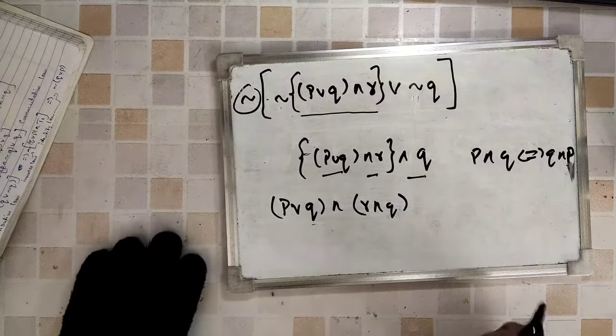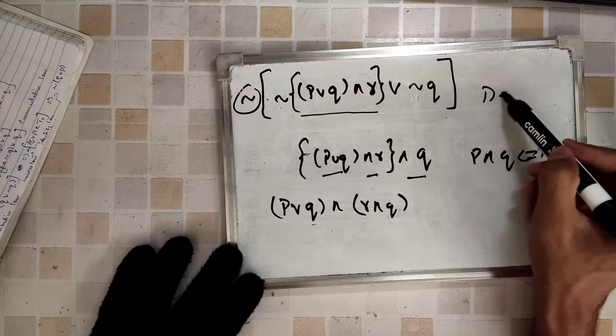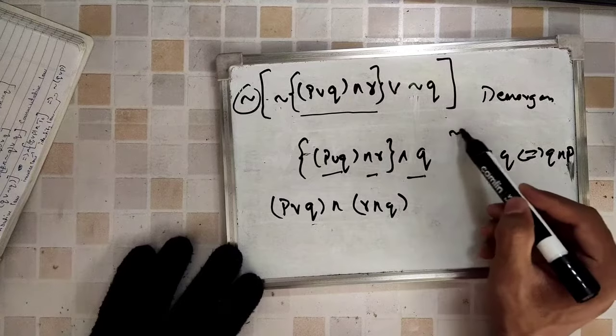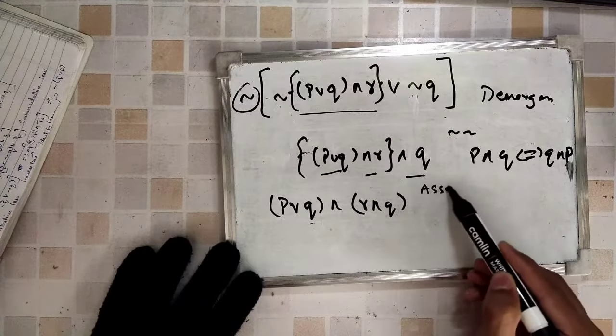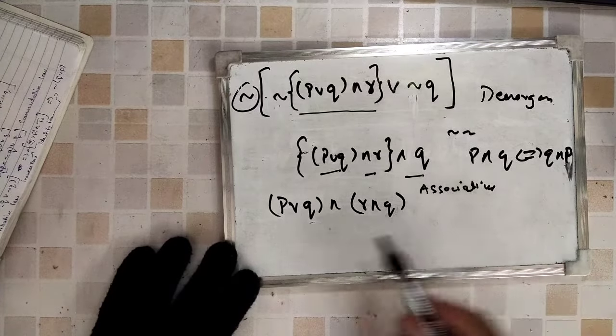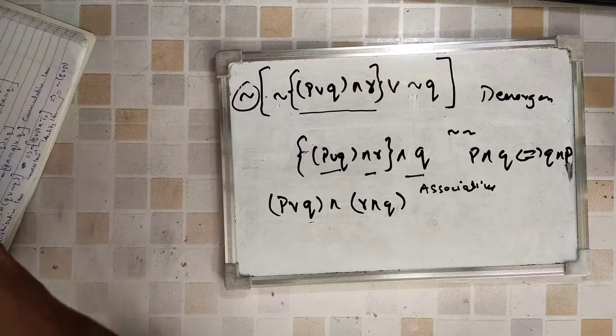So here the double negation thing happened. First we took De Morgan's law, then we took double negation, and then we applied the associative law. Now here, I think idempotent or identity law. Let me just check which law that is.